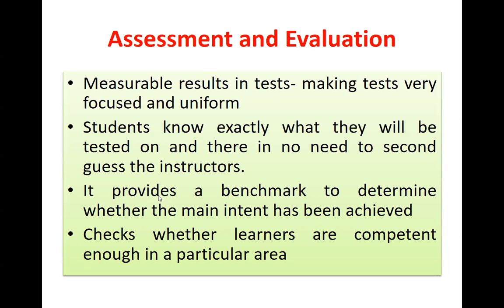It provides a benchmark to determine whether the main intent has been achieved. Our main intent is to transfer some skill to the students, and it also checks whether learners are competent enough in a particular area. So the level of accuracy in writing the course outcome should be such that the student clearly knows what he should study and what he will be tested upon.